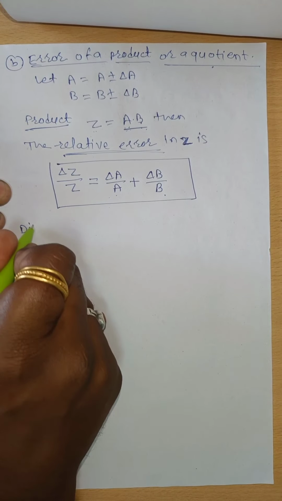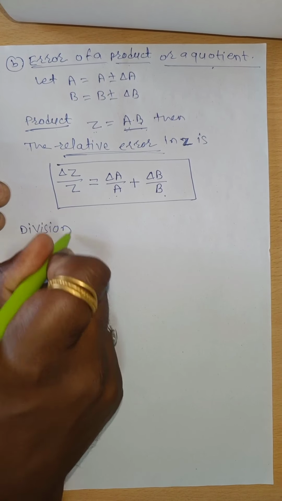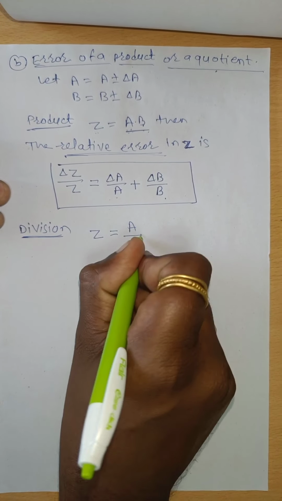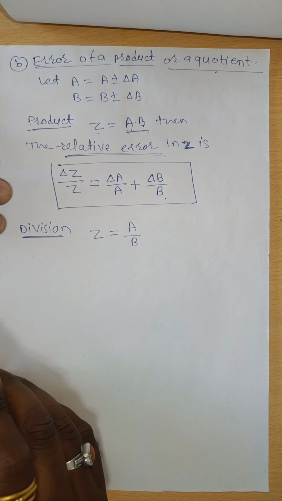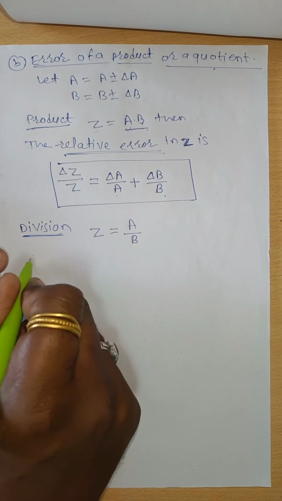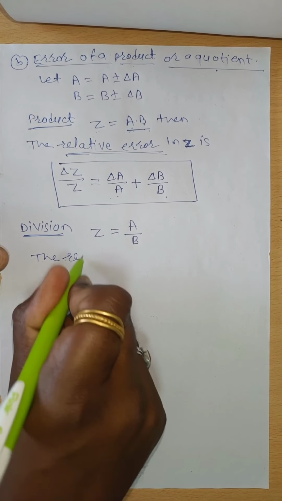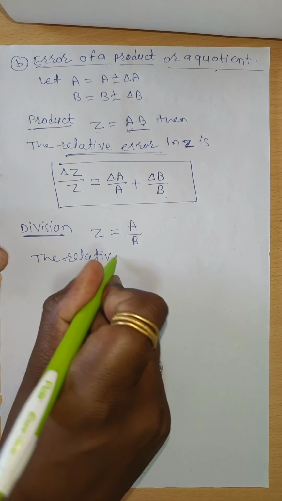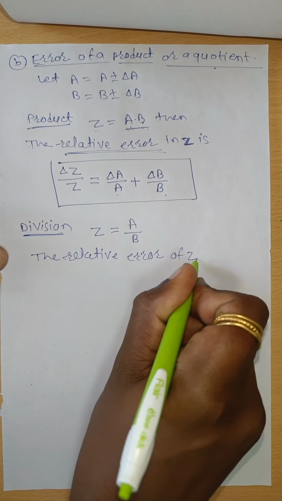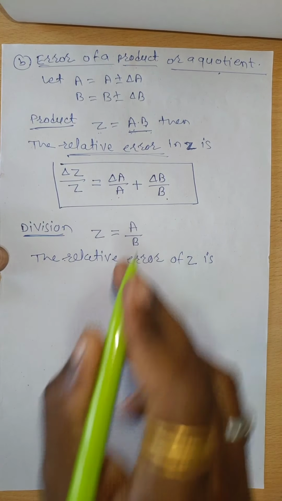Now in case of division, if Z is equal to A divided by B, in that case what happens? The relative error of Z is, in that case also the same.